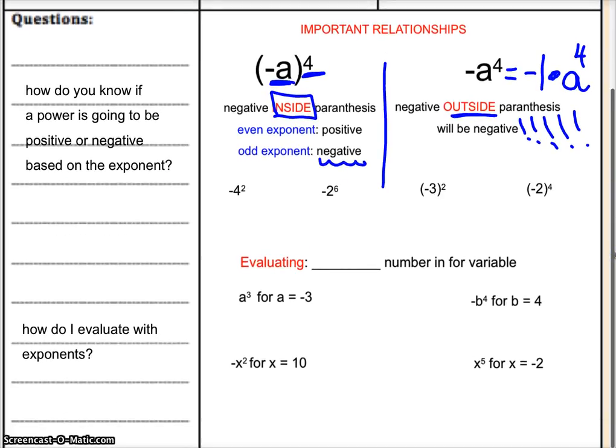Negative 4 squared. Since it's outside parentheses or no parentheses, the answer is going to be negative. So I do 4 squared is 16, bring down the negative.